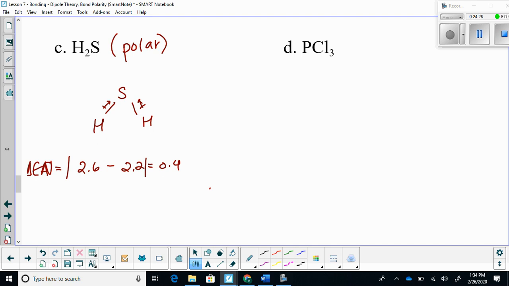Okay. So now, do you guys see how the arrows are going up at an angle towards sulfur? Do you think these arrows are canceling each other out? No. Because they're not canceling each other out, that's what makes this molecule polar. So dipole moments do not cancel out.